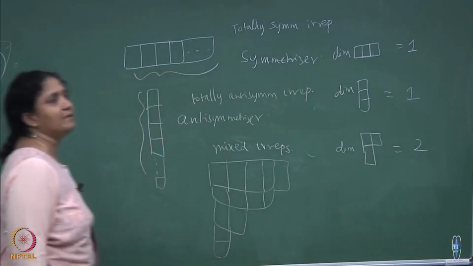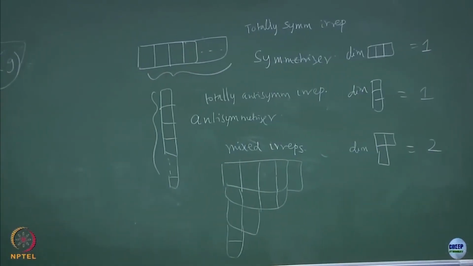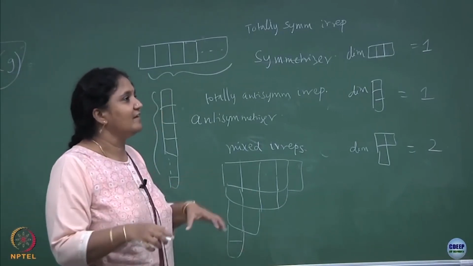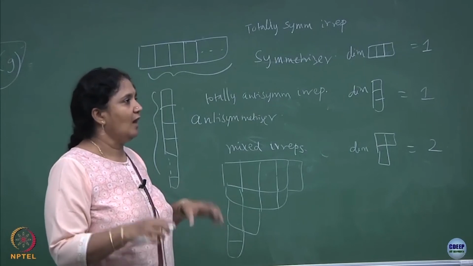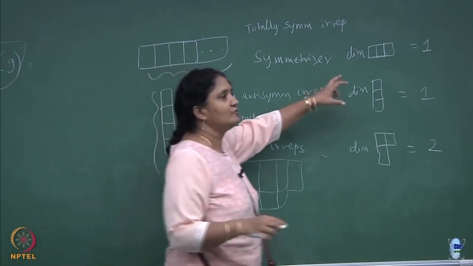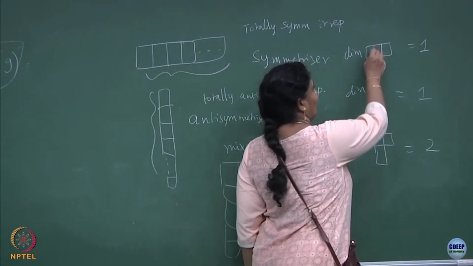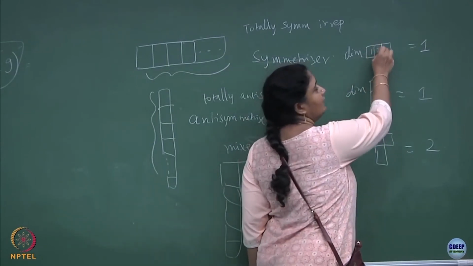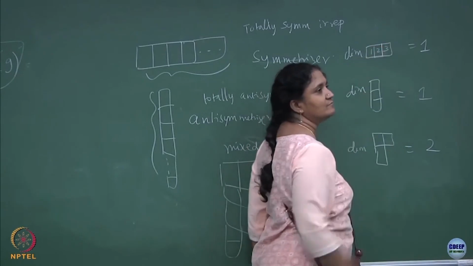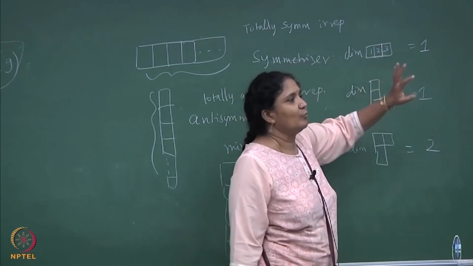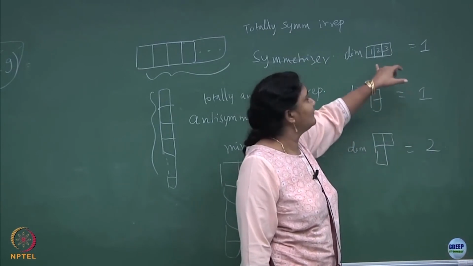This is what I am claiming. One of the ways you can see is that symmetric group of objects 3, you are allowed to put in every box one of the objects. You can put object 1 here, object 2 here and object 3. That is it. There is no other possibility left. That is why it is one dimension.